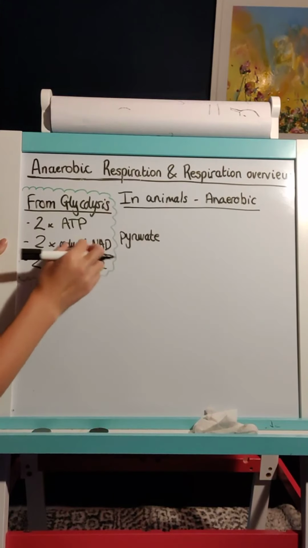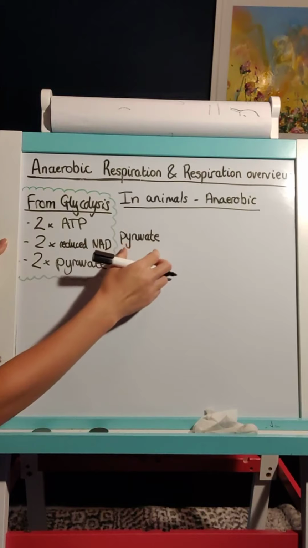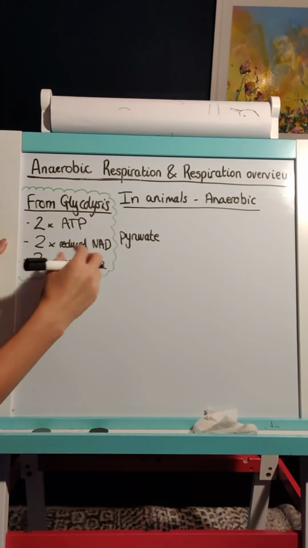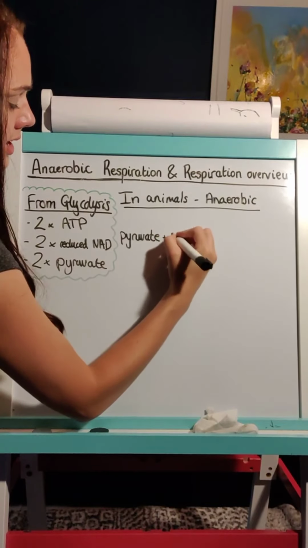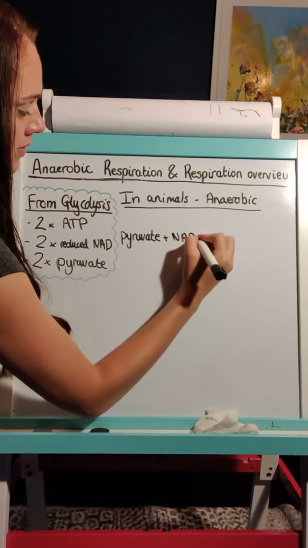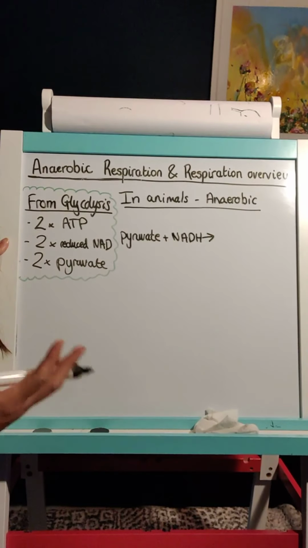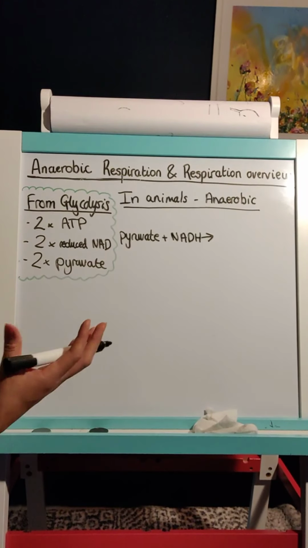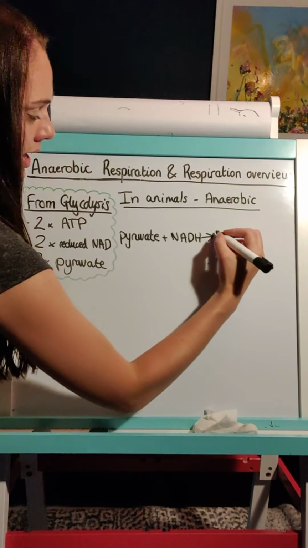So for the reduced NAD to become oxidized, to just become NAD again, this pyruvate has to be reduced. It has to take those electrons. So pyruvate and NADH will give us the thing that builds up in our muscles when we're doing too much anaerobic respiration. We get lactic acid or lactate.